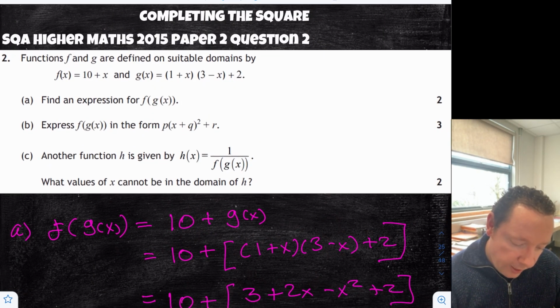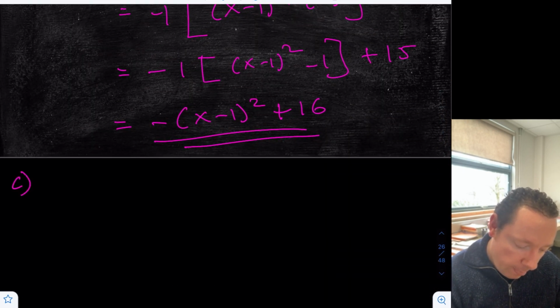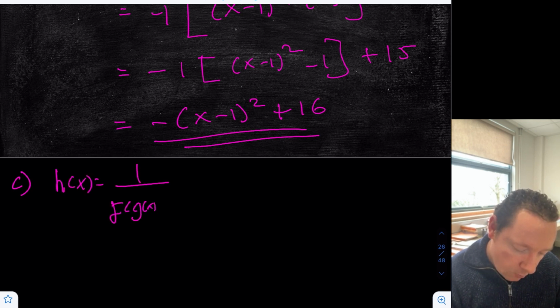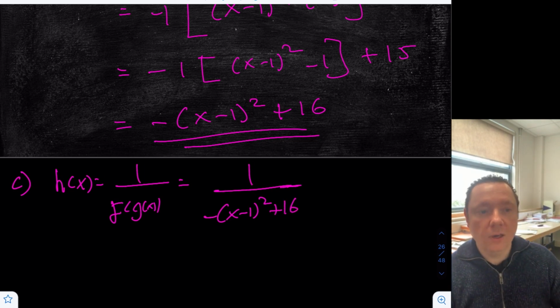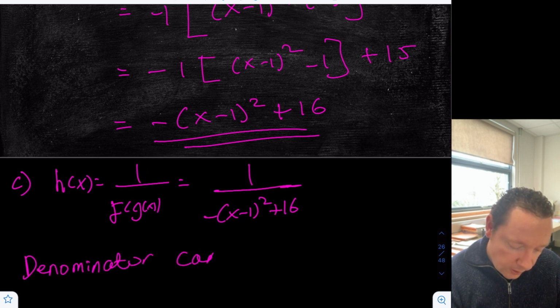Part C says another function h of x is 1 over f of g of x. What values of x cannot be in the domain of h? So part C, h of x is 1 over f of g of x, which we've just completed the square of, so it's 1 over minus (x minus 1) squared plus 16. The denominator cannot be 0. So we can just write that for the domain, for that to be valid, the denominator cannot be 0.